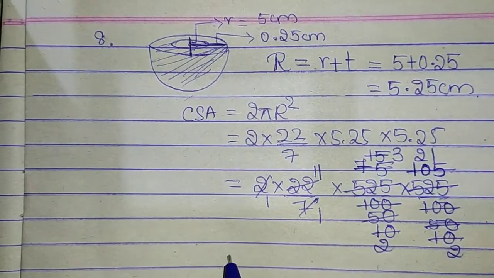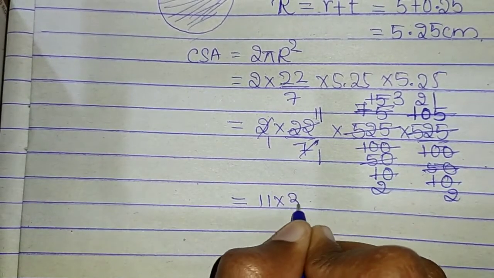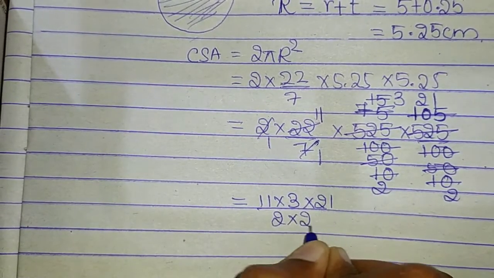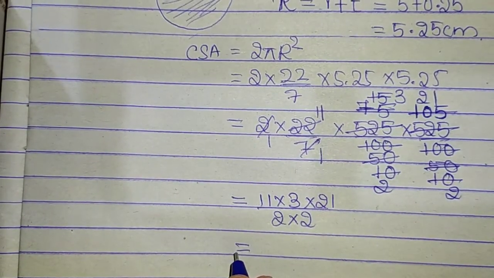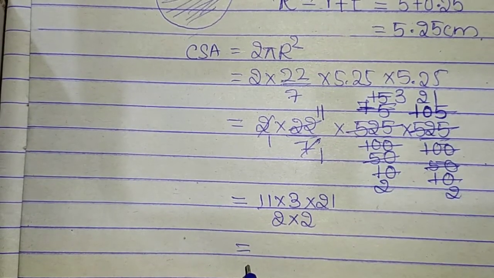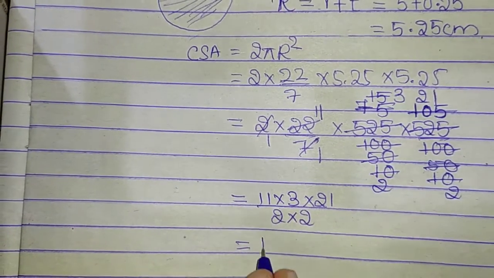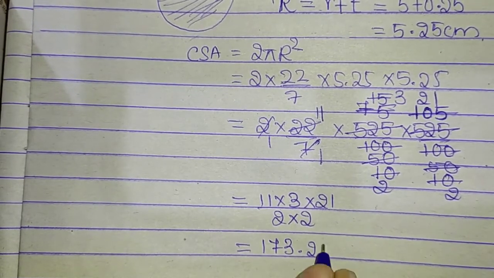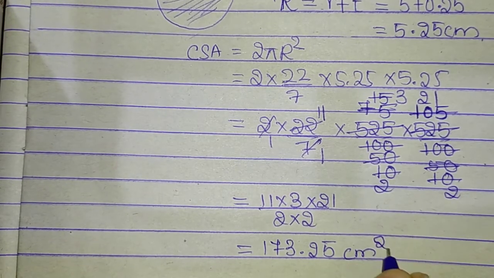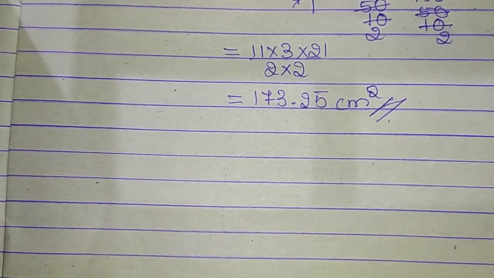So what remains in the end is 11 into 3 into 21 divided by 2 into 2. On resolving this, we get 11 into 3 into 21 is equal to 693 divided by 4, which is equal to 173.25 centimeter square. This is the outer curved surface area of the hemispherical bowl.